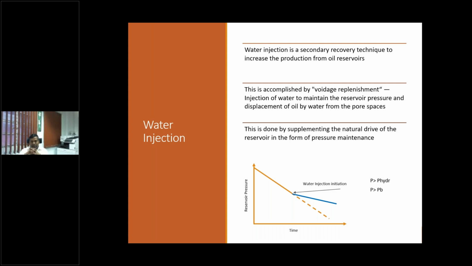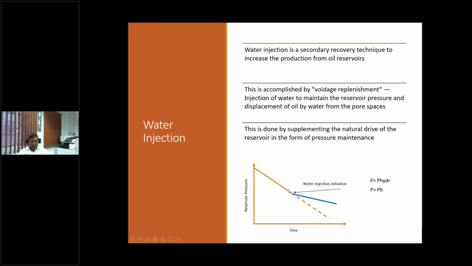I want to bring your attention to the bottom graph, where on the y-axis it is reservoir pressure, on the x-axis it is time, and you can see the orange solid line.